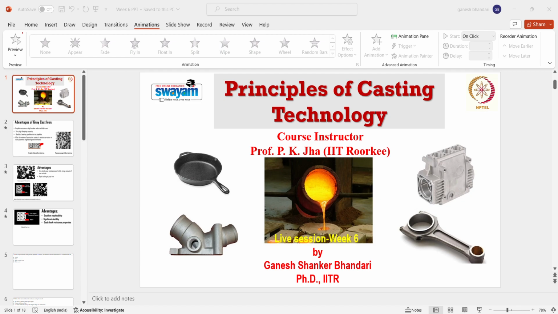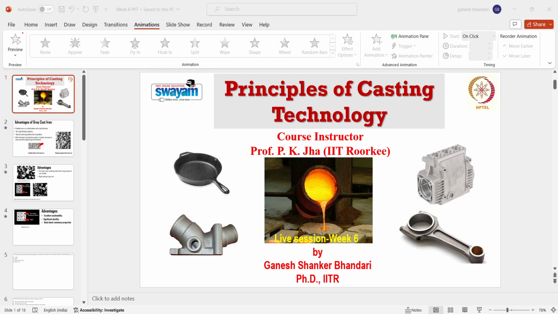Due to that water jacket, you get very high heat extraction, so material coming in at a 1700 degrees Celsius pouring temperature comes down instantly to around 600 or 700 degrees Celsius. So your material solidifies very quickly. Due to that high conductivity, we generally go with the copper mold.